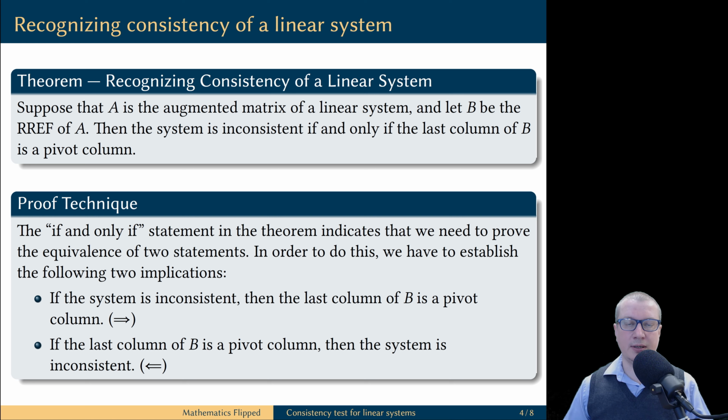One, if the system is inconsistent, then the last column of B is a pivot column. And second, conversely, if the last column of B is a pivot column, then the system is inconsistent. Please keep in mind that these two are separate statements, and one does not automatically imply the other.